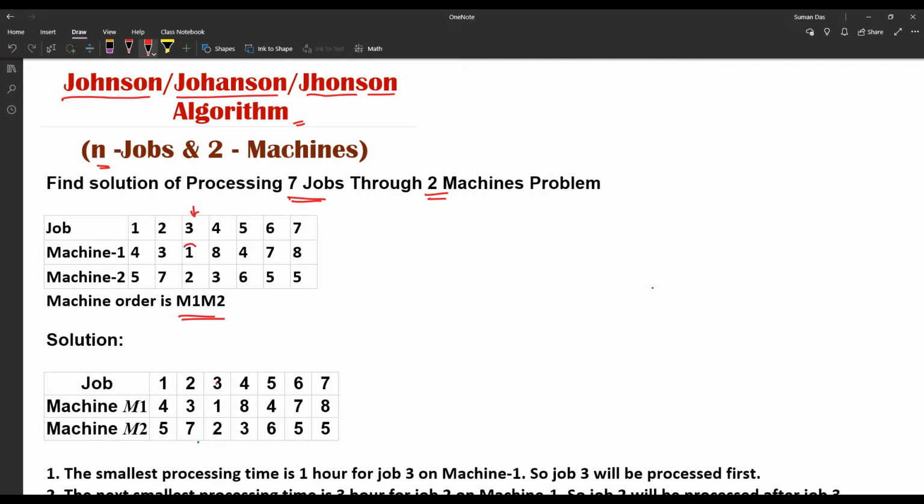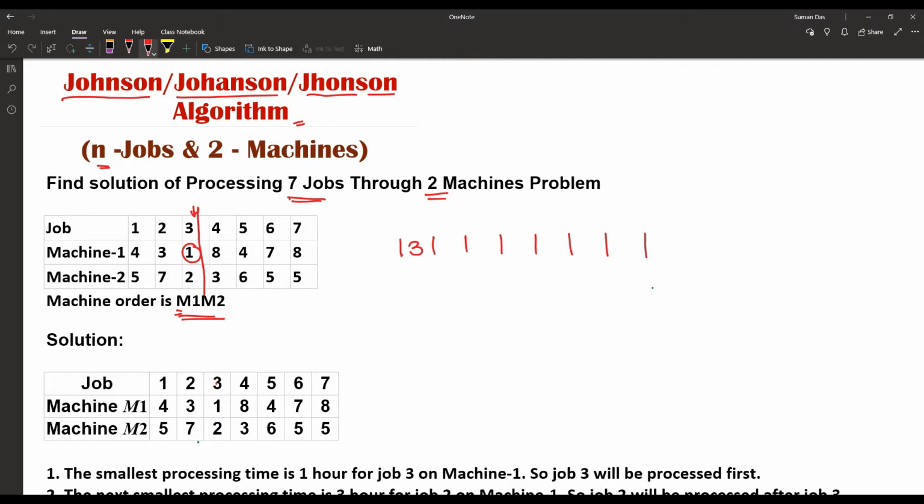So we choose that. As there are 7 jobs, we draw 7 blocks for the job sequence: 1, 2, 3, 4, 5, 6 and 7. As that is from machine 1, according to the order we sequence that job first, and we cross out that job.